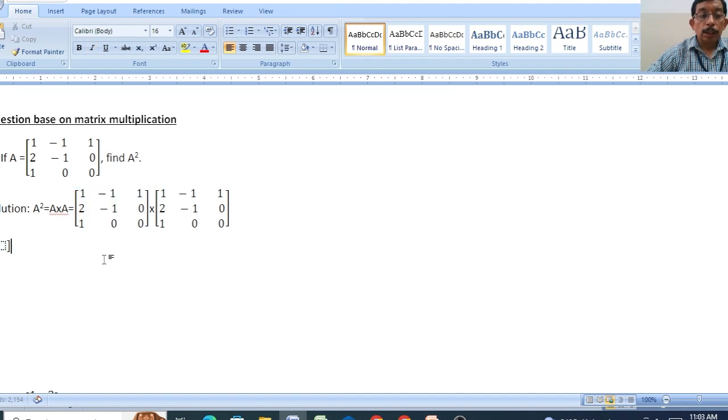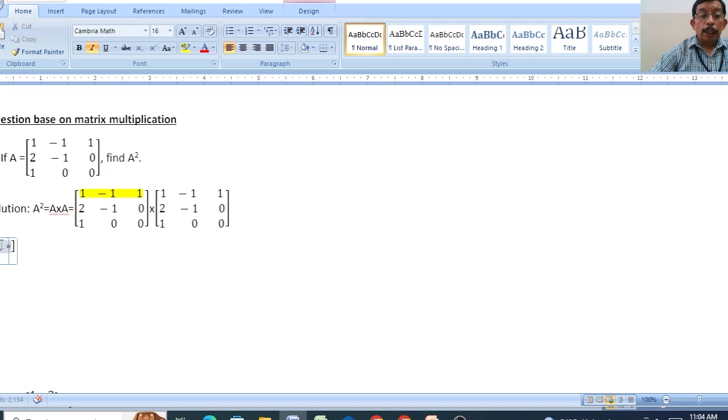This is the first row. First row multiplied by the first column. Then we get the first row, first element. Is this clear? Multiply 1 by 1.